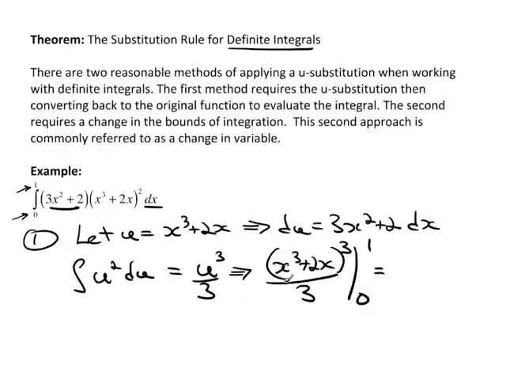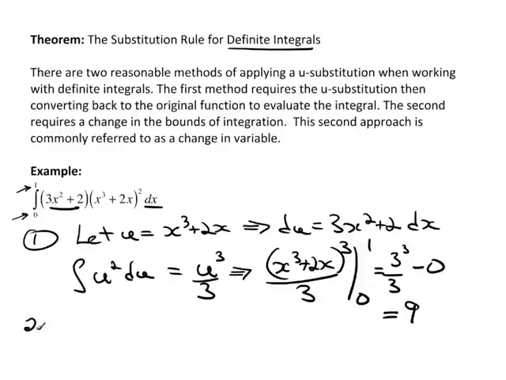Well, at 1, what will I get there? I have 3, so this would be 3 cubed over 3 minus, this evaluated at 0 is just going to be 0. So this will end up being 3 cubed over 3, that is 3 squared. So this whole thing is going to be simply equal to 9.